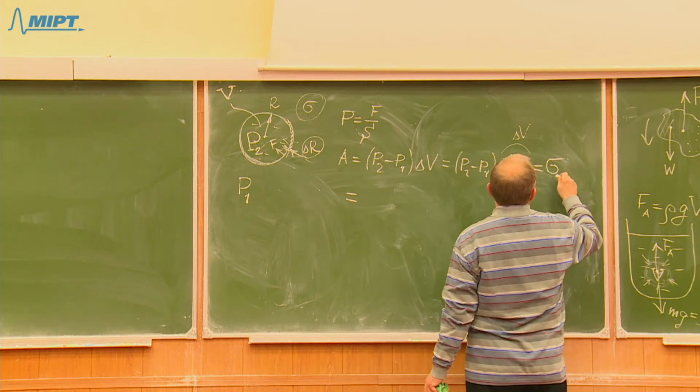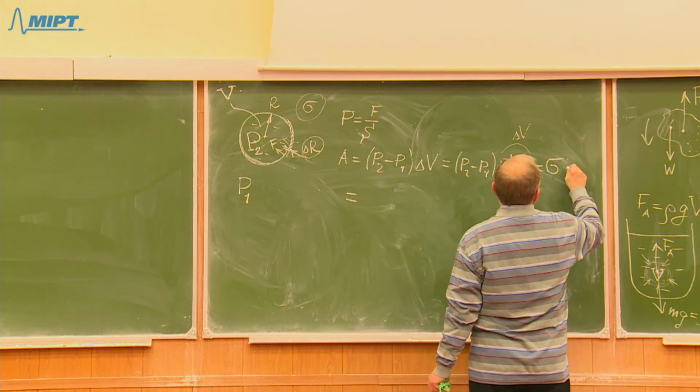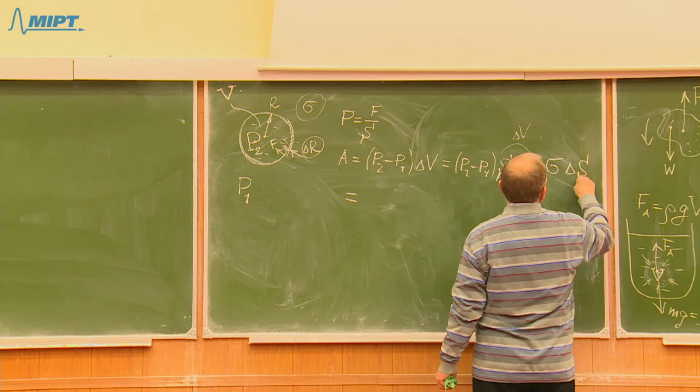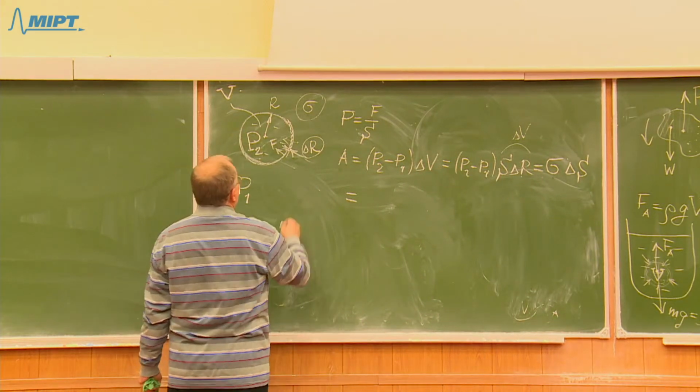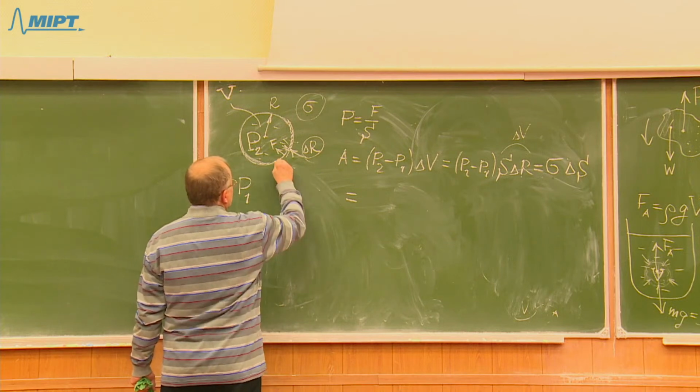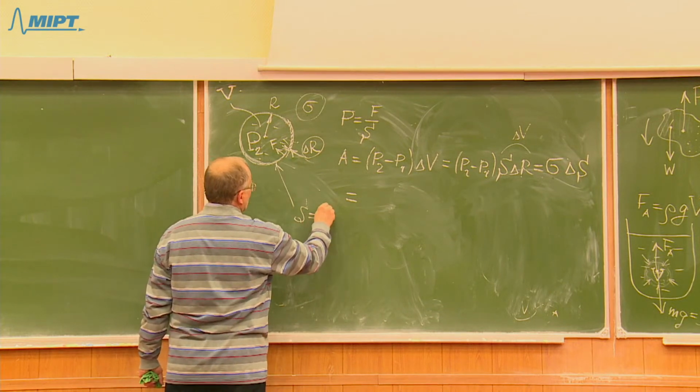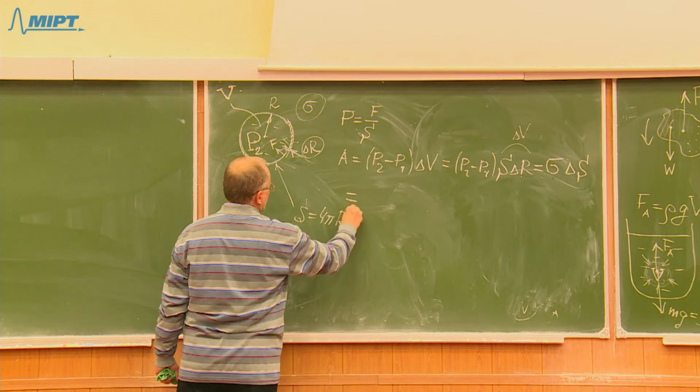And that will be sigma delta S. And the surface S of this droplet is known to be 4 pi r squared.